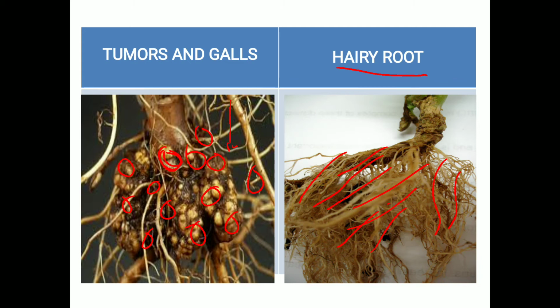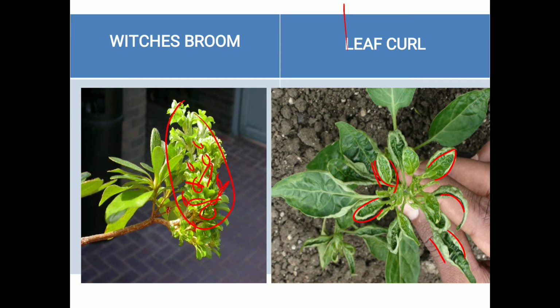So this is called hairy root symptoms. For control we can use several chemicals, for example fungicides or bactericides, depending on which pathogen has attacked, whether bacteria, virus or fungus.